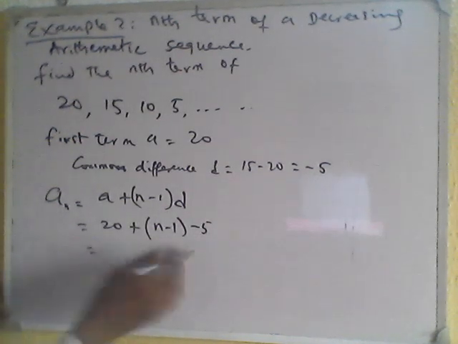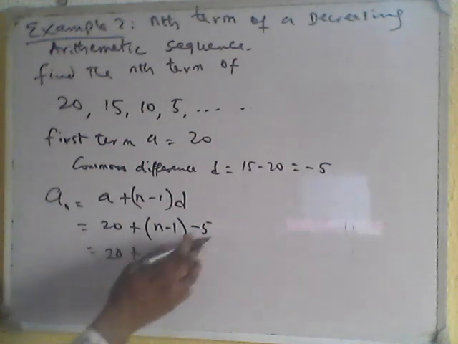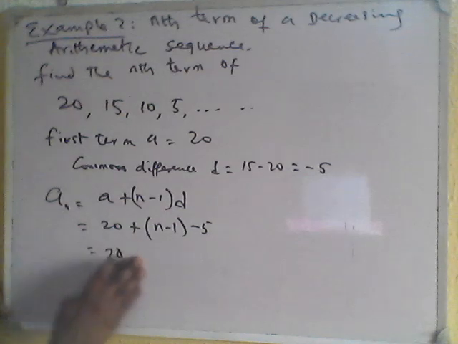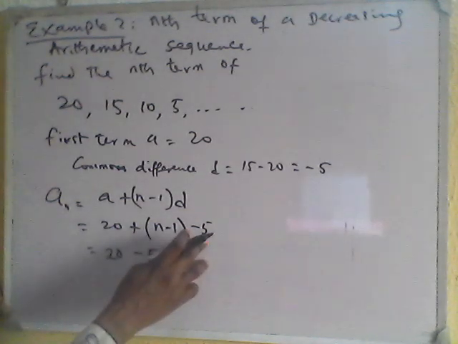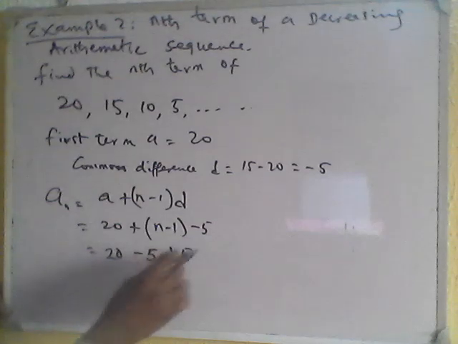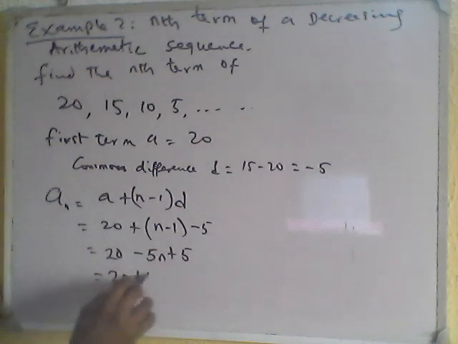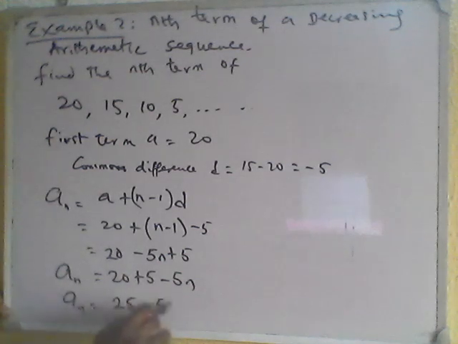So I will do the algebra, just expand. 20 plus minus 5 times n is minus 5n, right? Minus 5 times minus 1 is plus 5. Okay, so collecting like terms, I have 20 plus 5 minus 5n, all is equal to an. And an is equal to 20 plus 5 is 25, minus 5n.